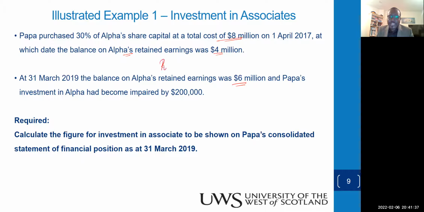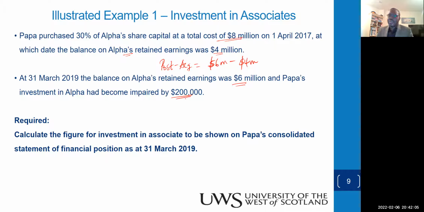So my post-acquisition, which I am interested in as the parent, is what? My 6 million minus the 4 million. 2 million. That's what I'm interested in. And also, I'm being told that as a parent, or I don't want to use the parent here because it's not really a consolidation and parent-subsidiary relationship, the investor's investment in Alpha had become impaired by 200.